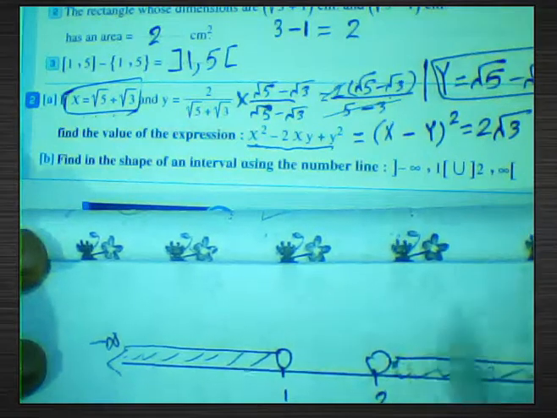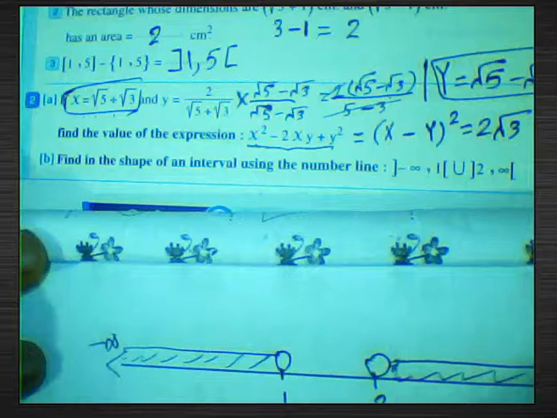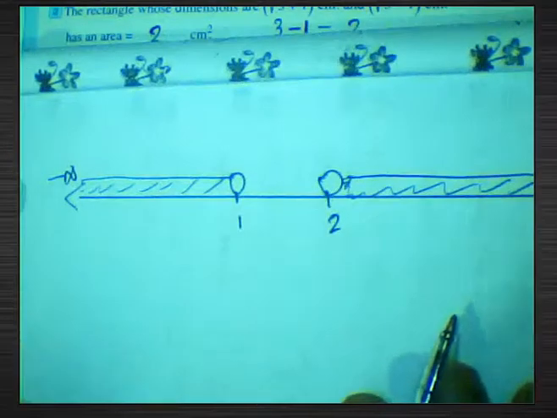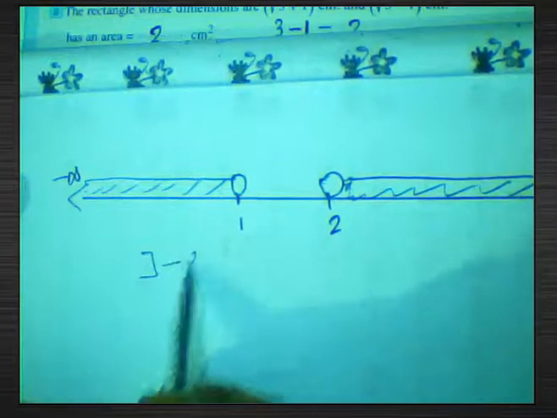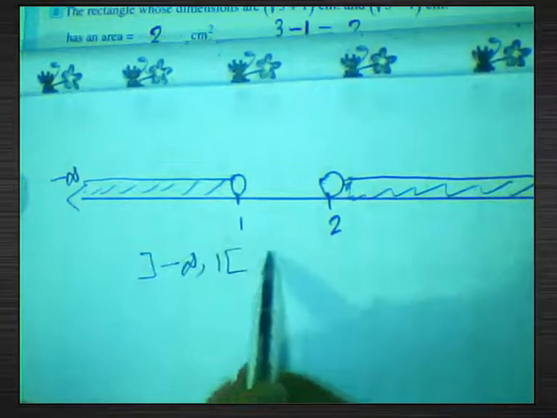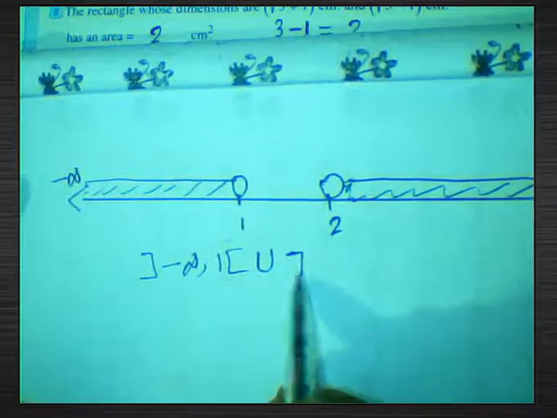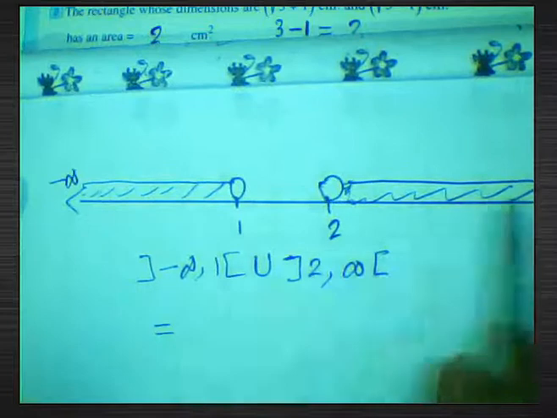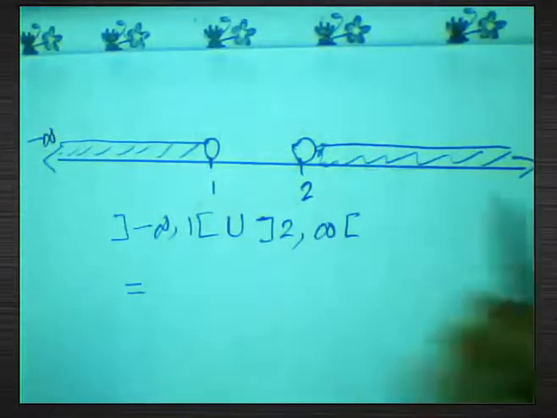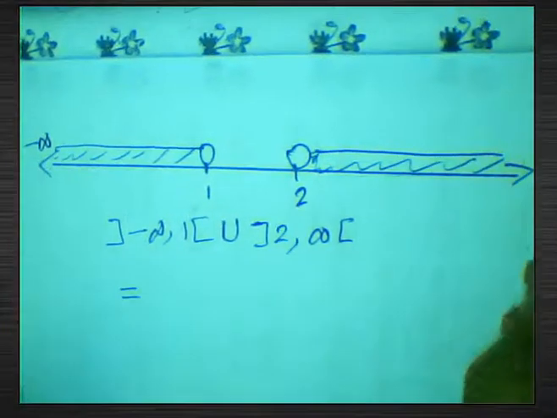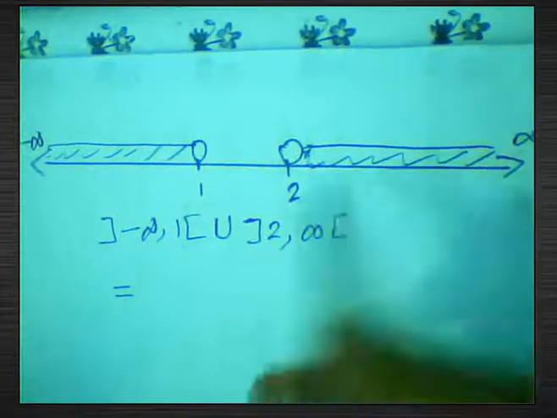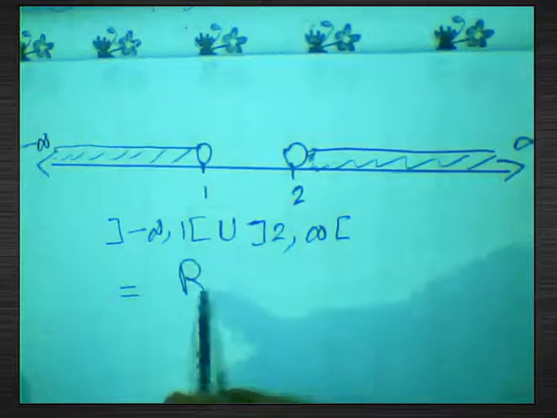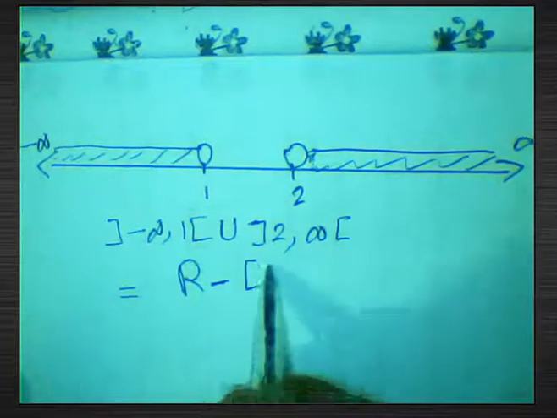We want to find the union between the two intervals. Look with me. We want to find the interval from negative infinity to 1 union the interval from 2 to infinity. We have all numbers from negative infinity to infinity, but we cancel this interval, so the result will be R subtract the interval 1 and 2 closed.